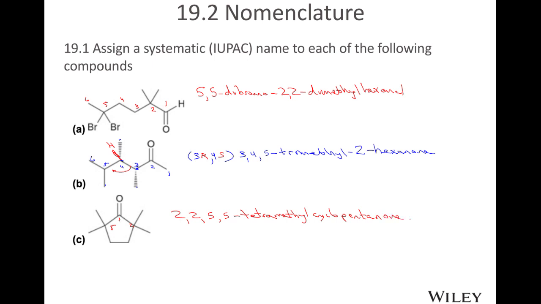There. All right. So the only thing that you could change in these would be here for the 2-hexanone. If you had put 3,4,5-trimethylhexane-2-one, that would be perfectly acceptable as well. All right. So that's the end of part 1.